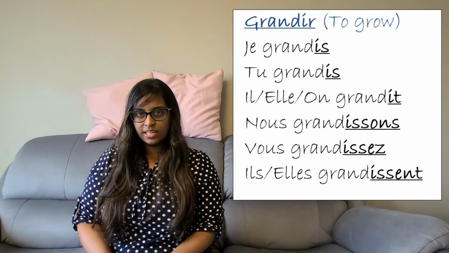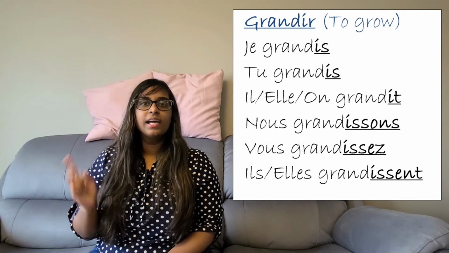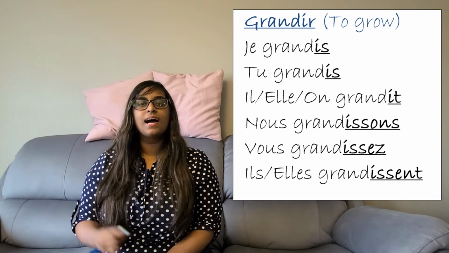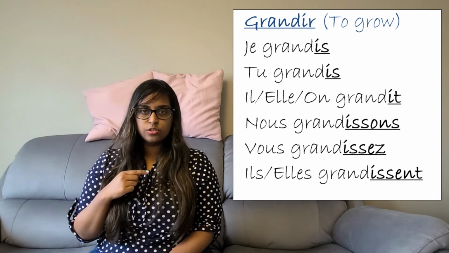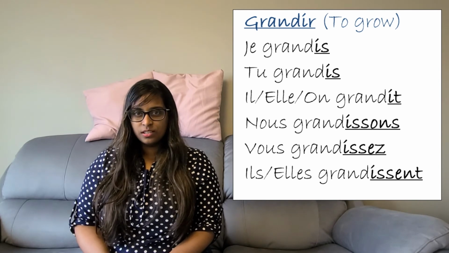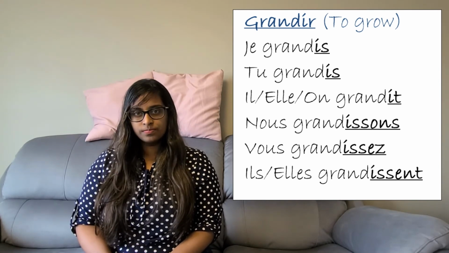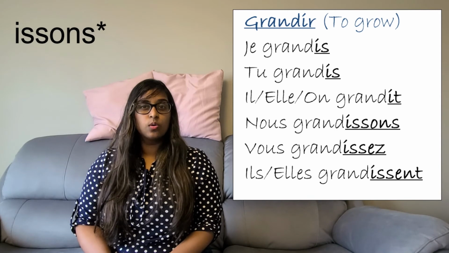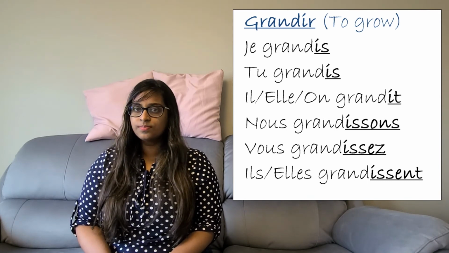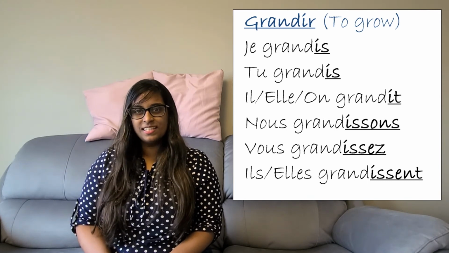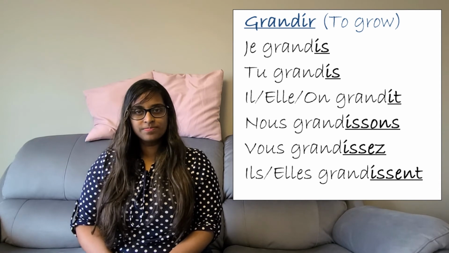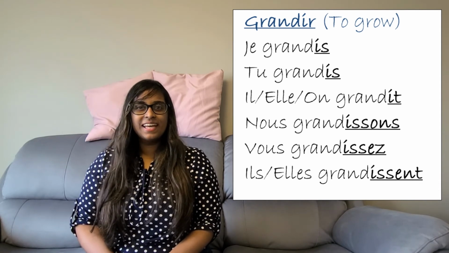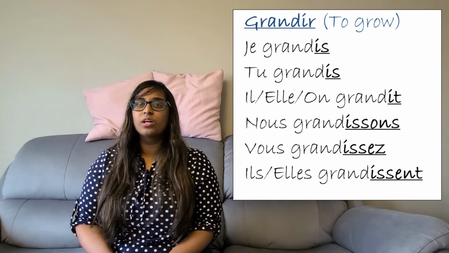So here to conjugate it, we remove the IR and we replace it by IS for je and tu, IT for il, elle, on, ISSONS for nous, ISSEZ for vous, and ISSENT for ils, elles.